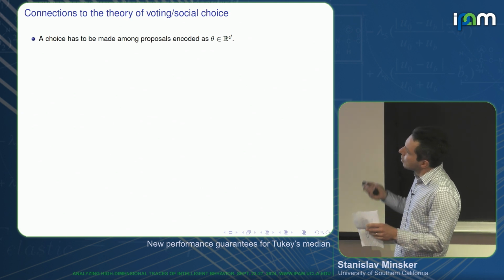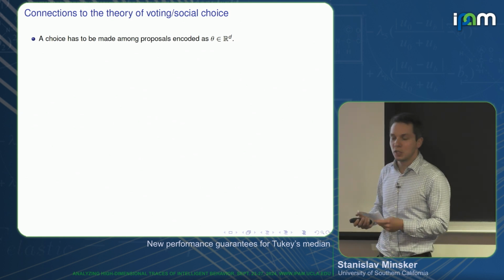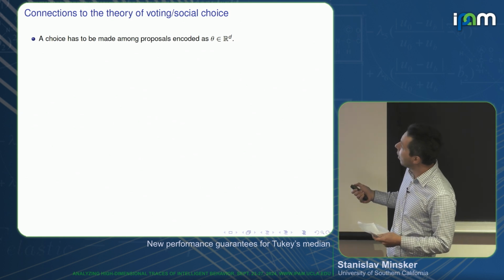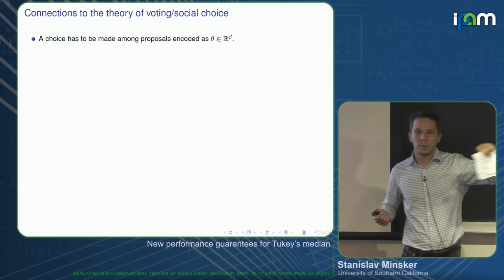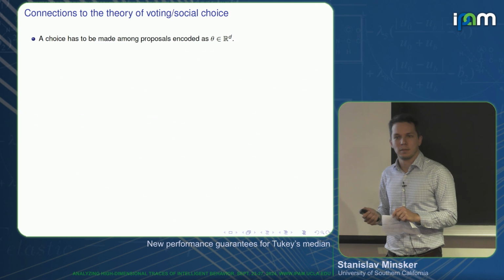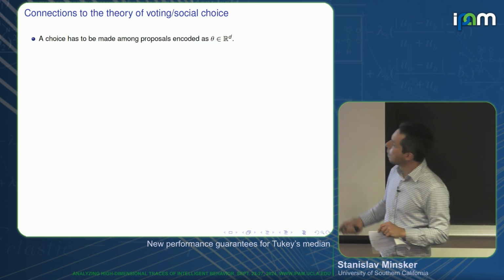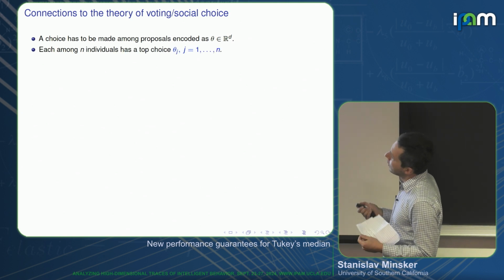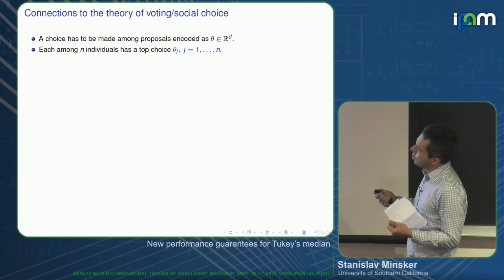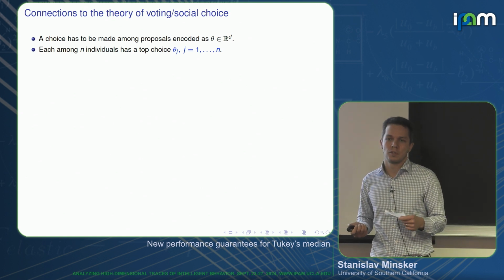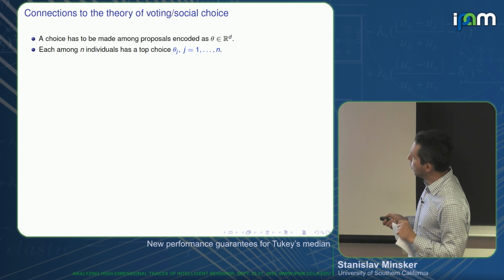So I assume that there are several proposals, maybe infinitely many, each of which is encoded by some d-dimensional vector. Each coordinate of this vector describes a certain proposition, sort of d questions, and assume that there are n individuals. Each of these individuals has one top choice, one top proposal for which they want to vote.